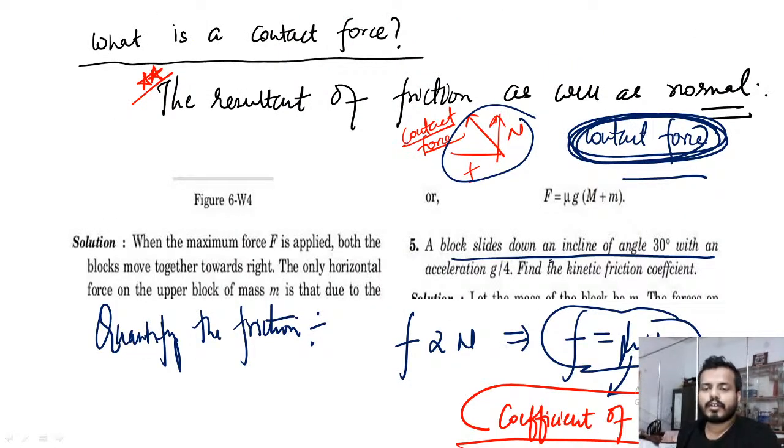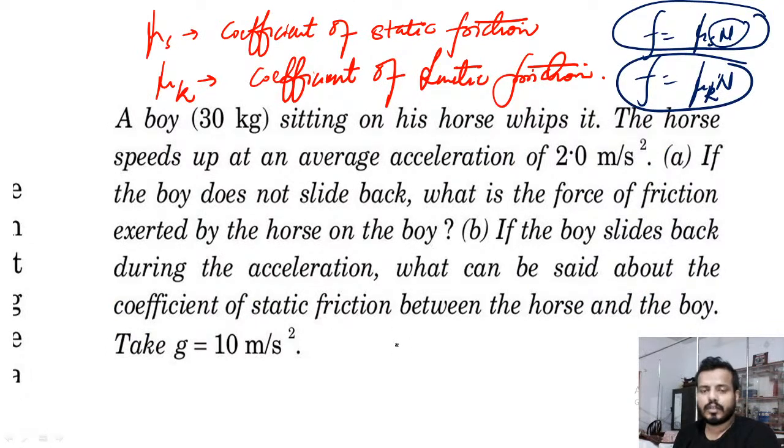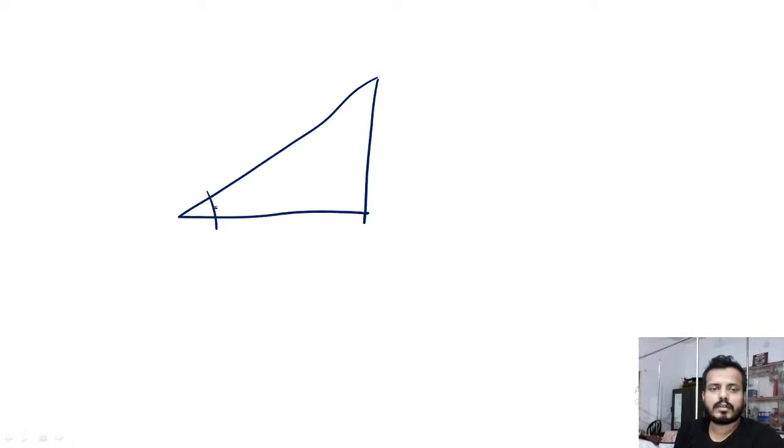A block slides down an incline of angle 30° with acceleration g by 4. Find the coefficient of kinetic friction. So the block is sliding down. Downward it is mg cos 30 and mg sin 30, and upward it is friction.